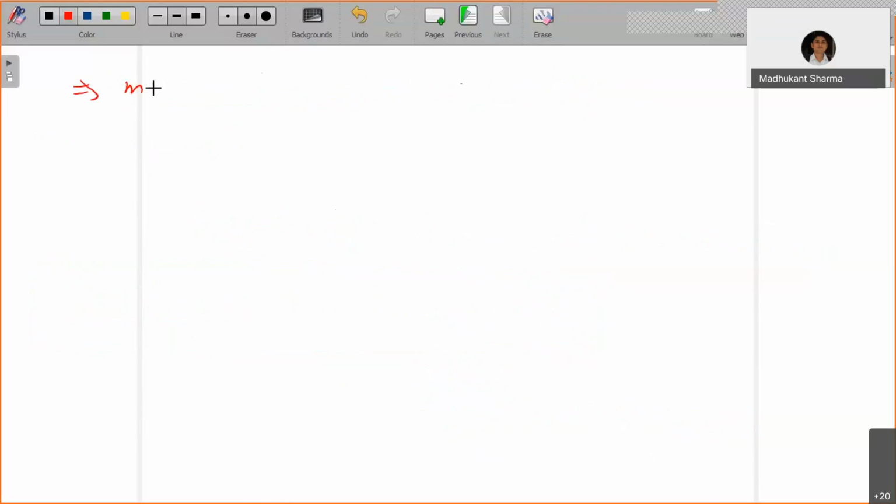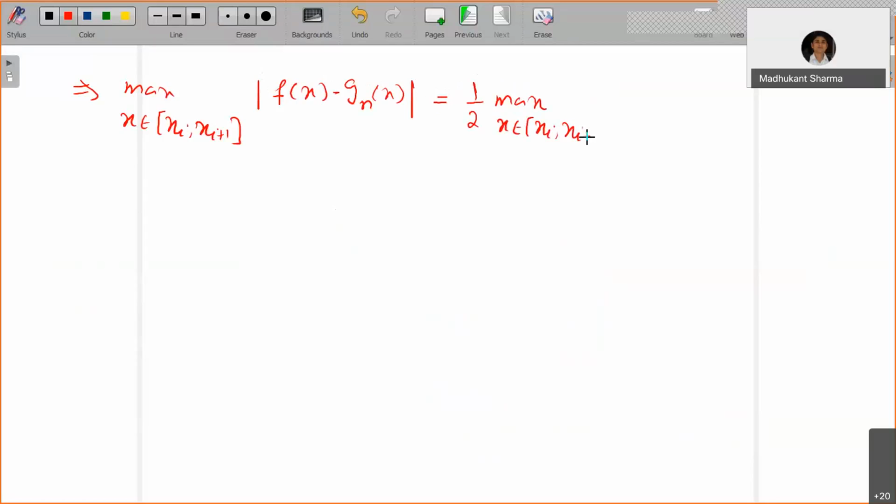So maximum over x belonging to xi to xi plus 1 of mod of f of x minus gn of x is going to be less than or equal to 1 by 2 times the maximum over x belonging to xi to xi plus 1.